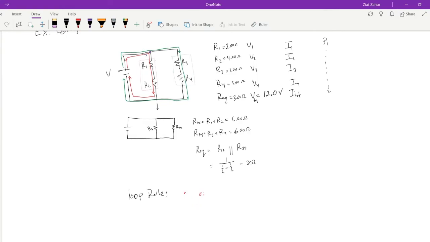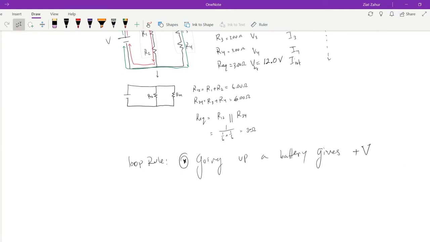I should use black. Let's use black. Going up a battery gives voltage, so you're adding voltage. Going through a resistor loses voltage.